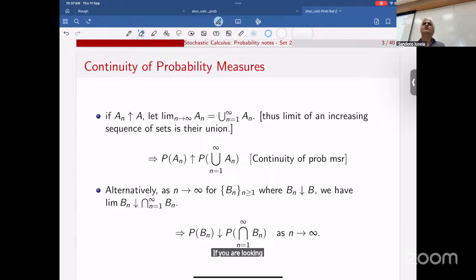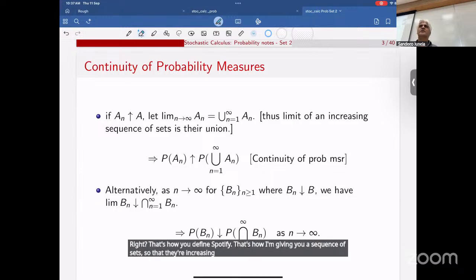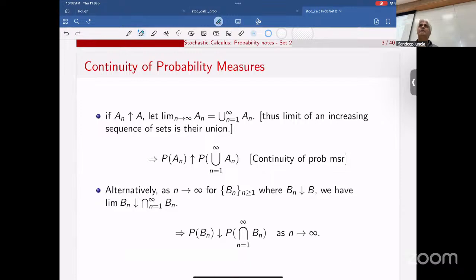That's my point. A1 is a subset of A2 is a subset of A3, you agree, right? That's how we would define small. I'm giving you a sequence of sets that is an increasing sequence of sets. They're becoming bigger and bigger. Now, it makes sense to think of the union of all these sets.